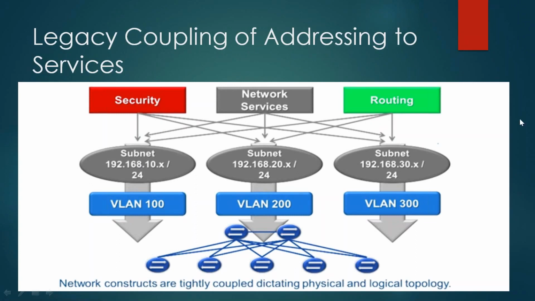In the traditional network, for security you have subnets and subnet routing, and all your endpoint devices are tightly coupled with these IP subnets, VLANs, etc. Now we don't have that restriction.